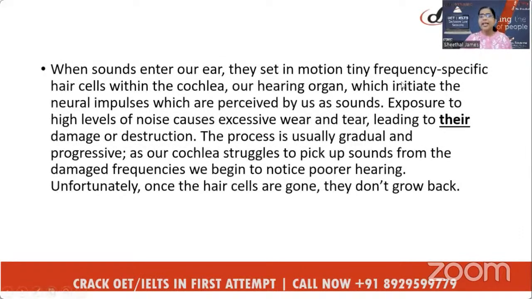So these tiny frequency-specific hair cells are the hearing organ. That explanation is given here with a comma before and after that term, which initiate the neural impulses, which are perceived by us as sound.